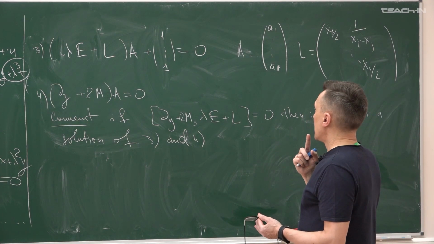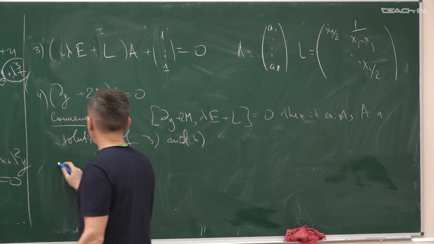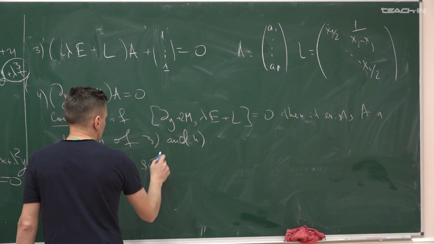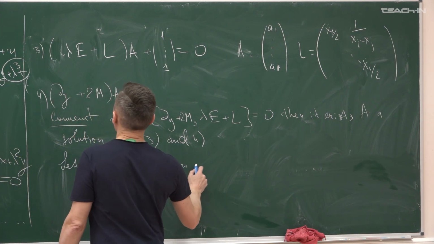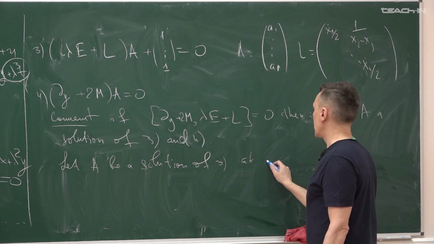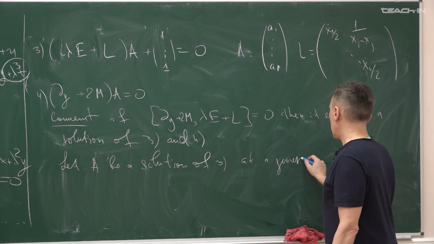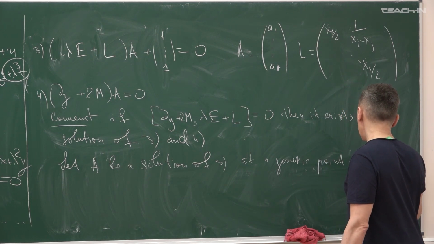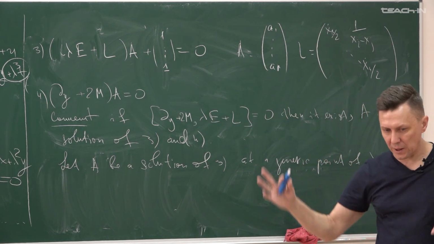Okay, so let A be a solution of 3 at a generic point of lambda. So we continue it analytically.